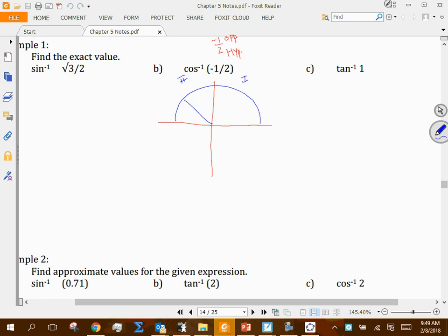Quadrant 2, right? I've got to have an angle over here so that the adjacent side is negative, right? Any triangle I put in the first quadrant is going to have all positive values. So I need to be over here in the second quadrant. So the adjacent side is negative 1.